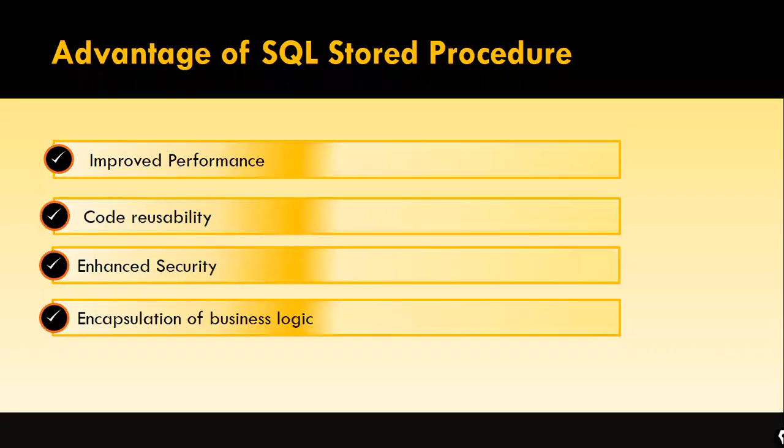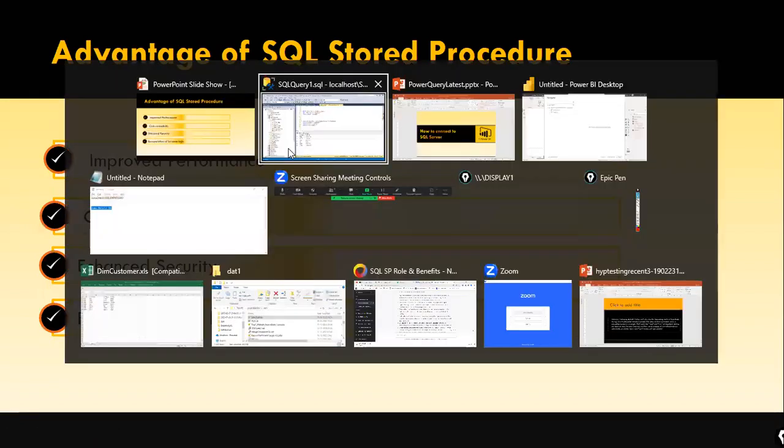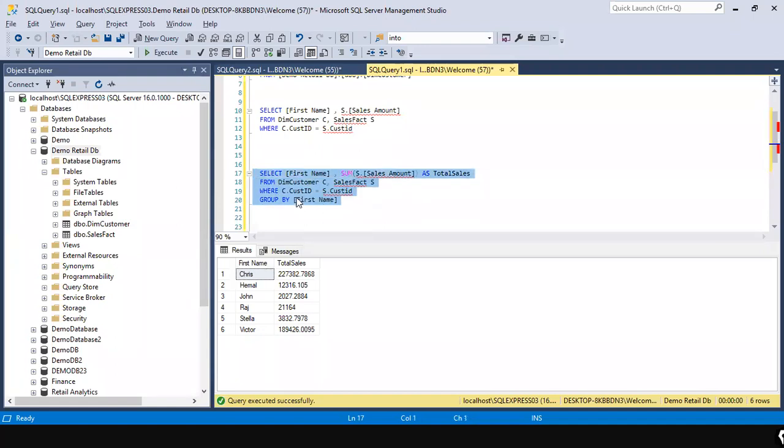The advantage of a stored procedure is that it improves performance. When you run a query each time, the SQL engine behind it checks whether the syntax is correct, whether column names are available in the table or not. It does the parsing, syntax checking, and then generates the SQL query plan, and then executes it.